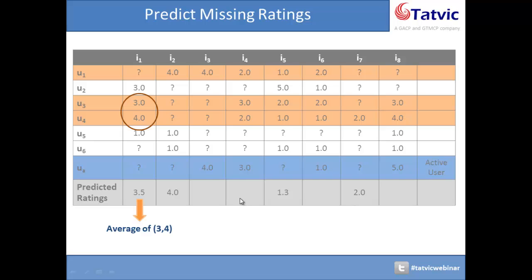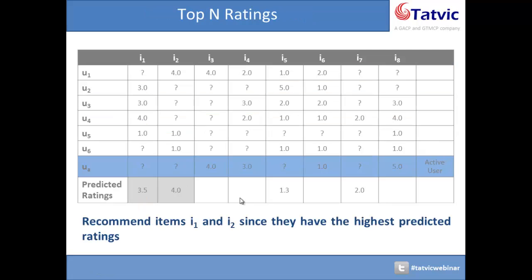Now we want to recommend those items which have higher ratings. So we will recommend the top N rating items. In this case, item 2 and item 1 have a higher rating, so they will be recommended to the active user. So we identified the similar users and recommended the items that they like.